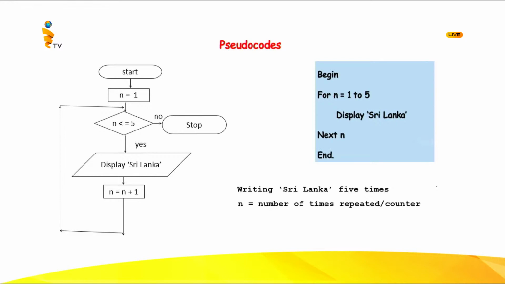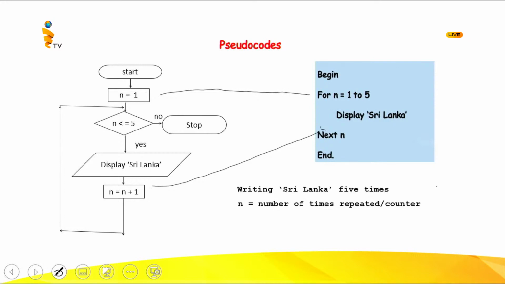And also I can tell you, here next n, which is n equals n plus 1, is indicated by next n, and these two structures, n equals 1 and n less than or equal to 5, are indicated by this for n equals 1 to 5.